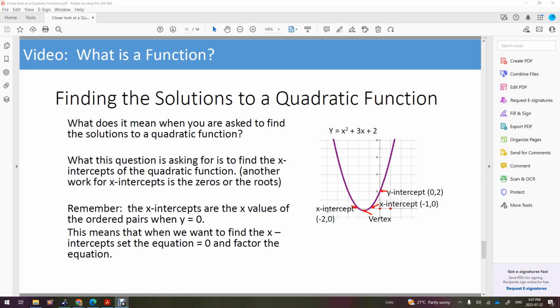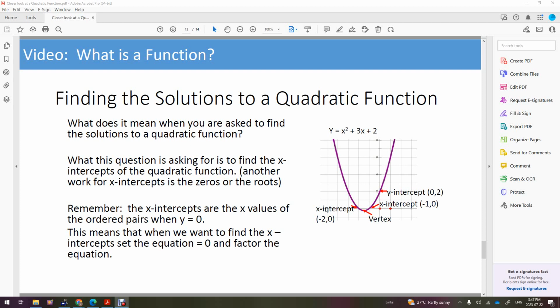What does it mean when you're asked then to find the solutions to a quadratic function? What this question is asking for is for you to find the x-intercepts of the quadratic function, or in MHF, any kind of function. Another word for x-intercept is the zeros or the roots.